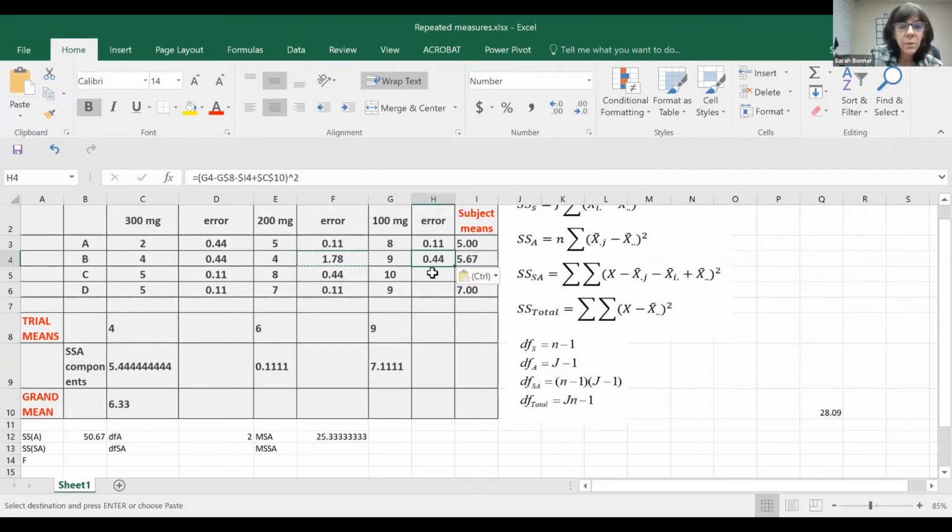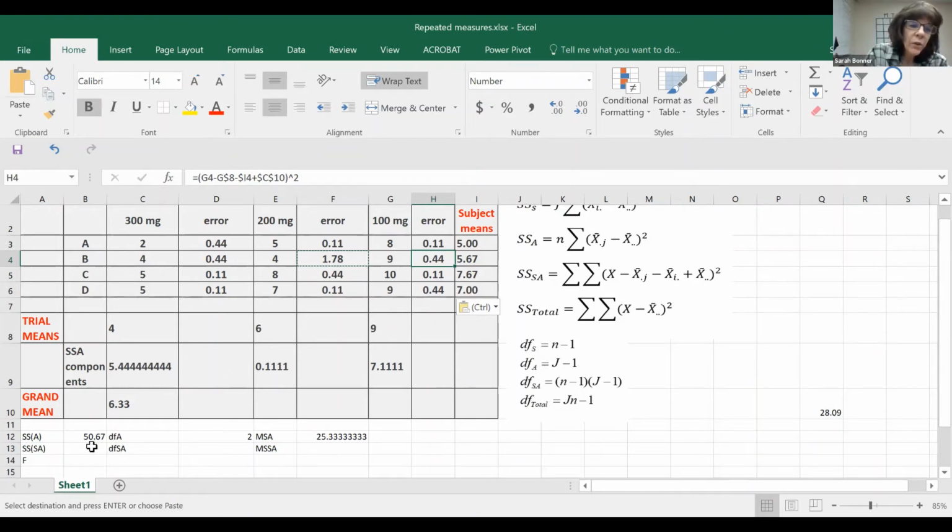Let's make this completely over again. If I have, it's not working. So this is G4 with referencing to all the G8s and referencing to I always, that should be right.